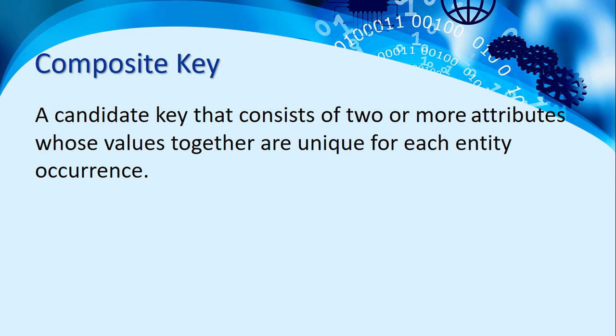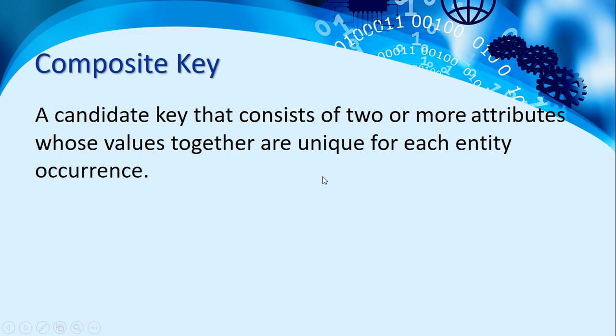As a single attribute, the first name may well be the same among employees. Same with the last name, there's a tendency you'll have the same surname as someone else. But if we combine the first name and last name attributes as one composite key, they can uniquely identify each entity occurrence.